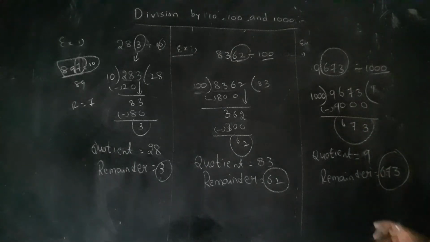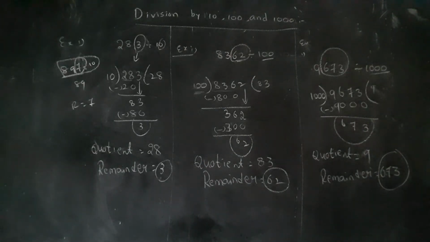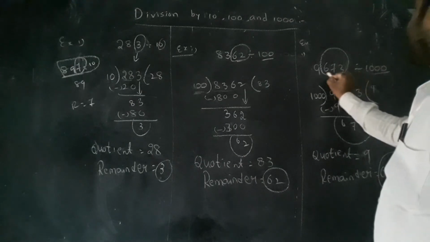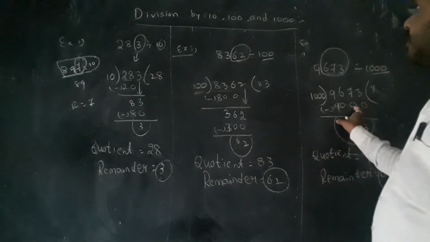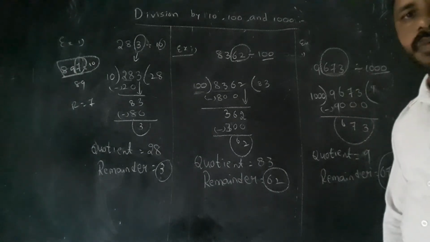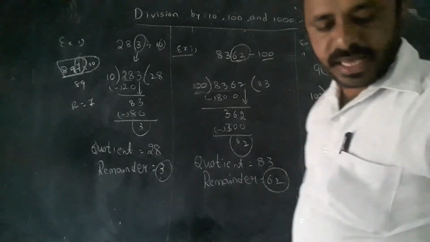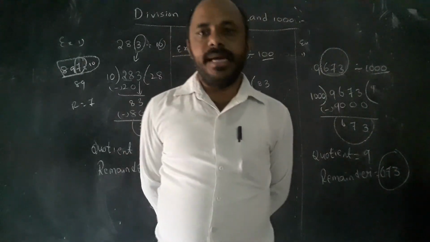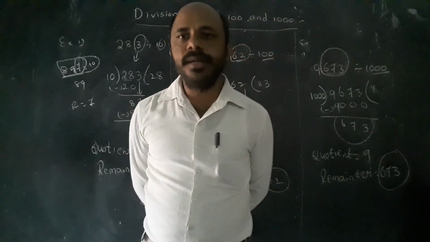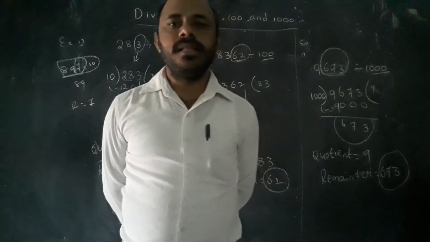Like this we will get the division by 100 or 1000 also. Take out the last 3 digits in the given number, that is the remainder of the division by 1000. This is the way we have to do the division by 10, 100 and 1000. Isn't it? Thank you, children.